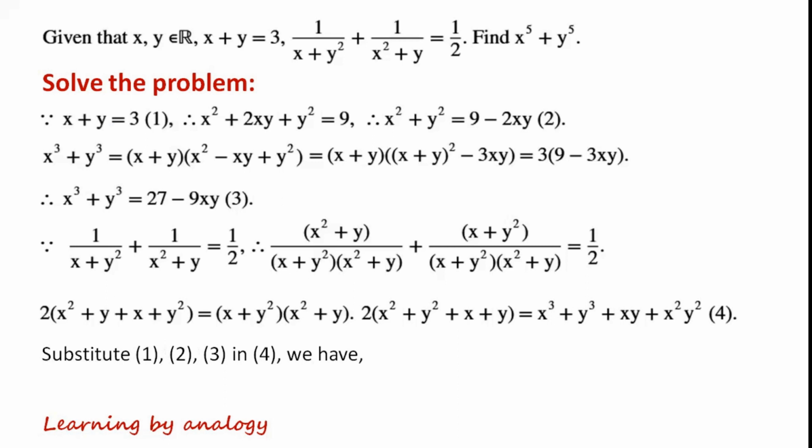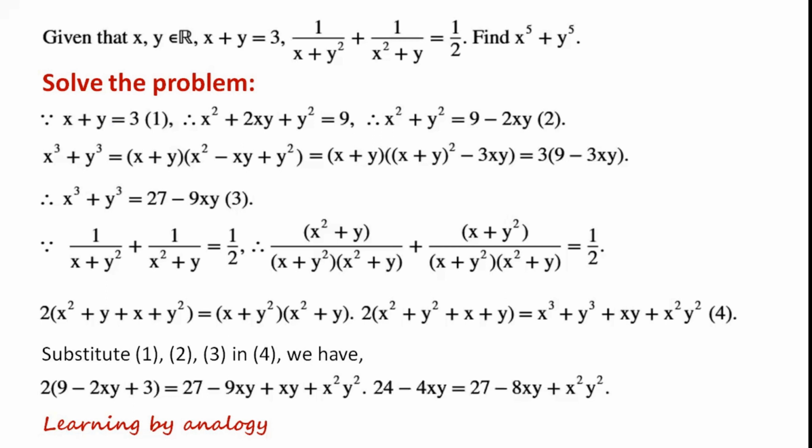By substituting equations 1, 2, 3 in equation 4, we have 2 times (9 minus 2xy plus 3) equals 27 minus 9xy plus xy plus x squared y squared. 24 minus 4xy equals 27 minus 8xy plus x squared y squared.